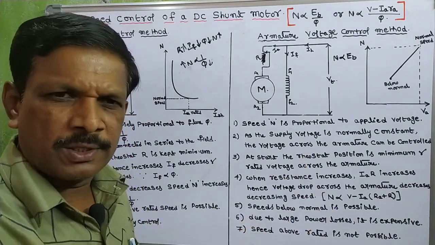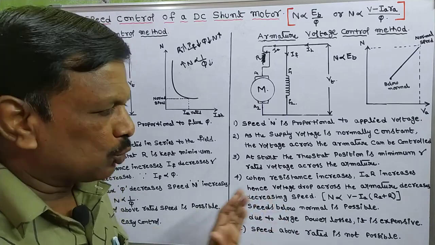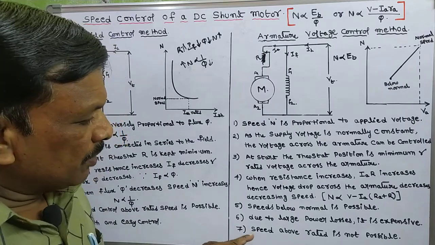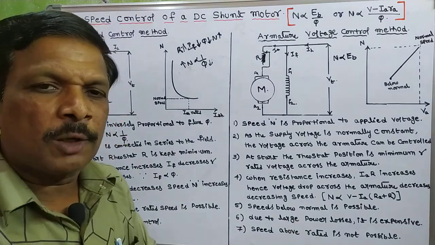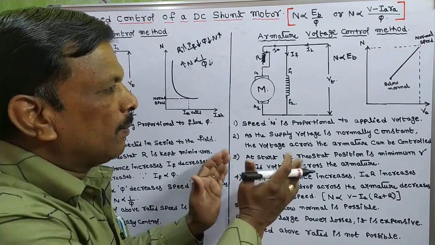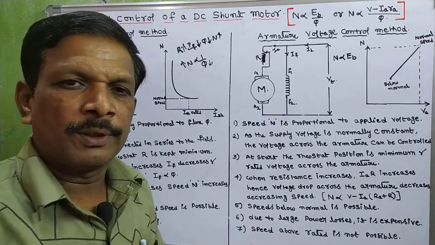More power losses. Why? Because a huge amount of current flows through the resistor. And speeds above rated are not possible. So we can change the speeds only below rated speeds with this armature control method.